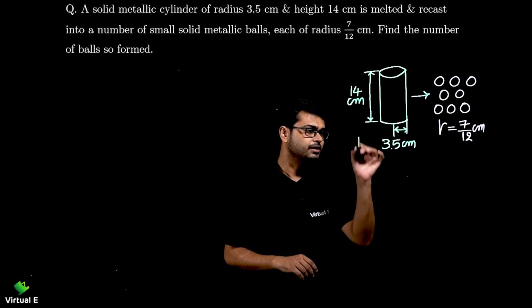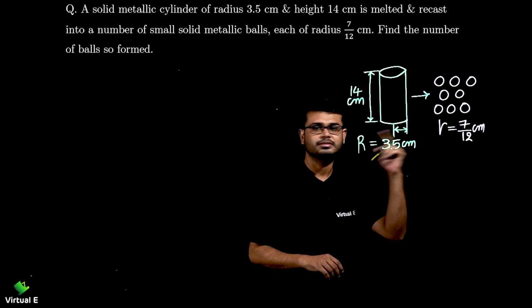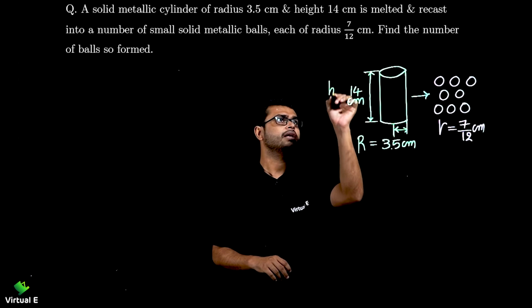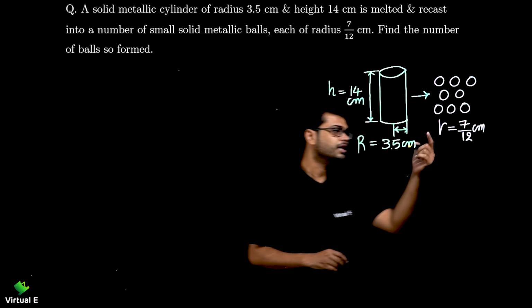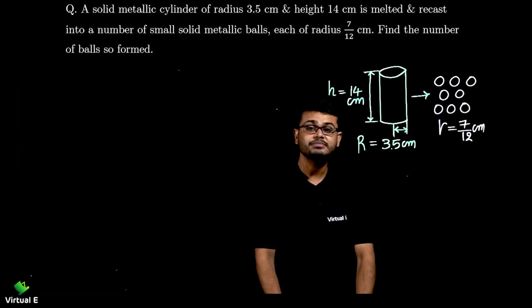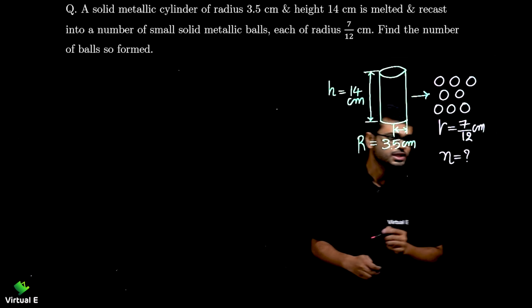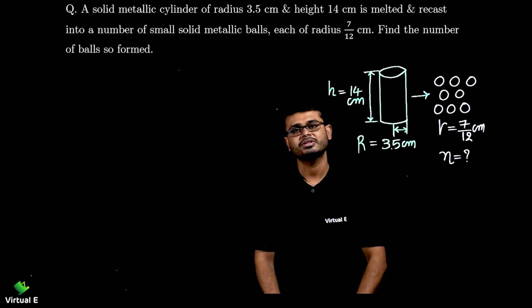Let's say this is capital R. To differentiate, there's nothing any relation, small and big, just to differentiate. And here we can take H. Here we have r, and what is the missing quantity here, which is the number of balls. How many balls can we form? So let's start.